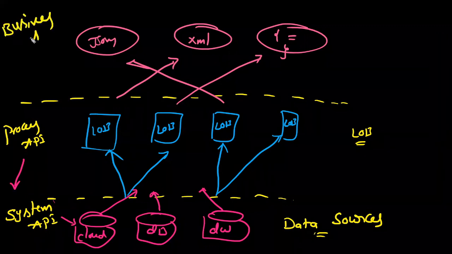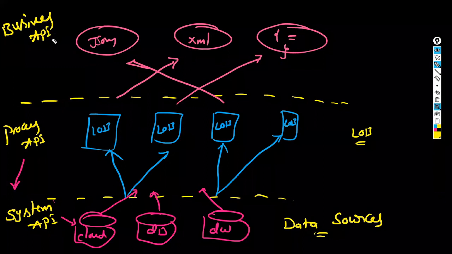Now I'm asking one simple interview question. The business APIs only deal with the presentation of data. There are three levels available, right? In which level are we going to implement the business logic? The process API.